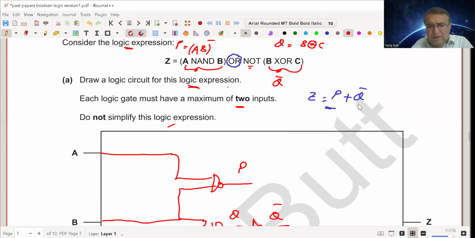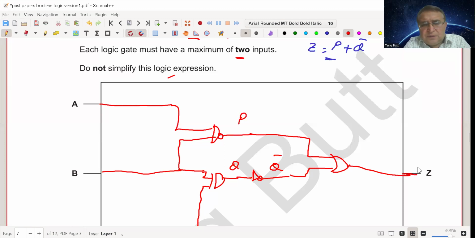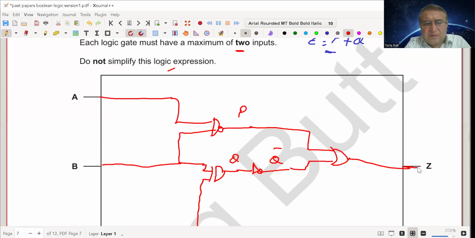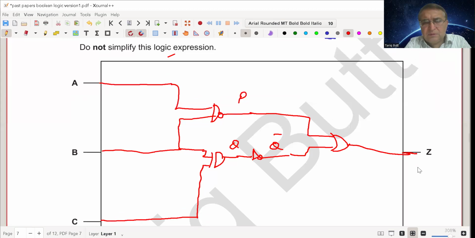So this is P, or, this is the symbol for OR, Q bar. So this is Z. That's it. So I hope it is clear. Fine. This logic diagram is in front of you. It is clear to you.